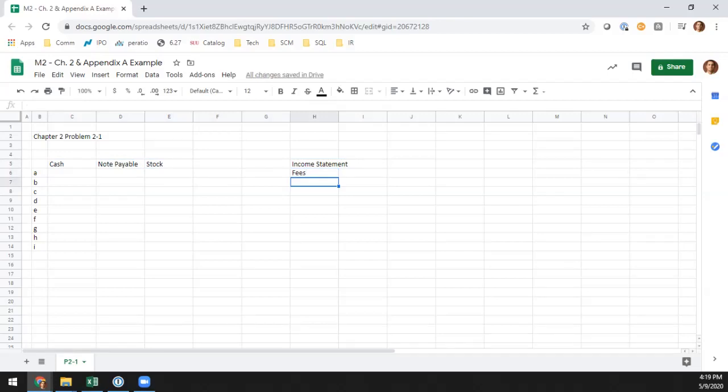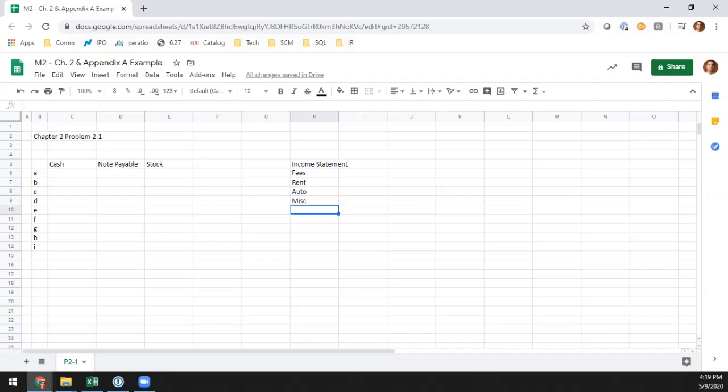Paid rent on office and equipment for the month. So again, paying rent is an expense. So that goes on our income statement. Paid automobile expense and miscellaneous expense. So auto and miscellaneous, again, expenses belong on the income statement.